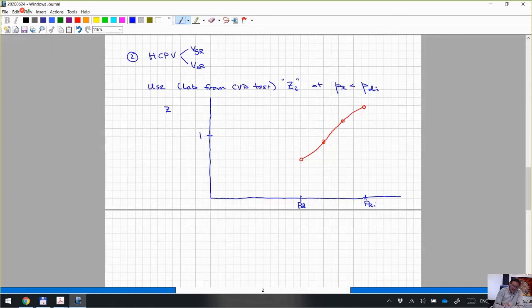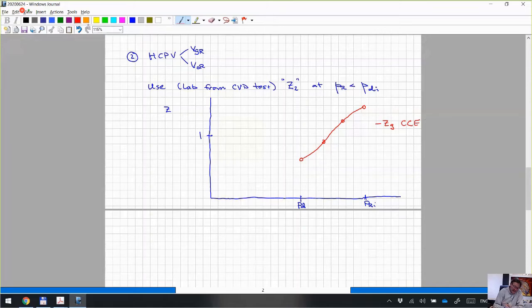And then the PVT lab will give us single phase gas Z factors from the constant composition expansion test.